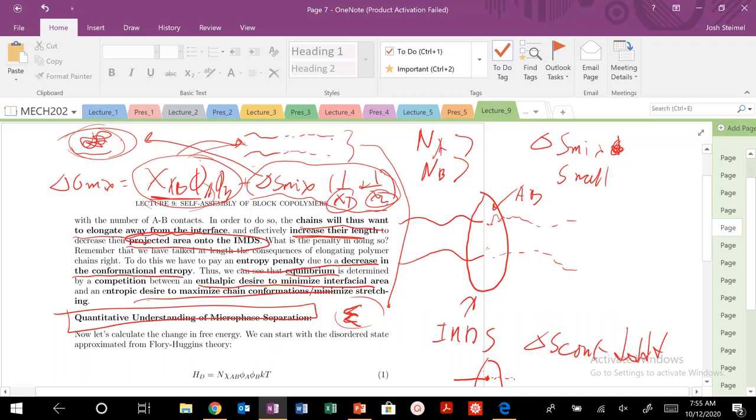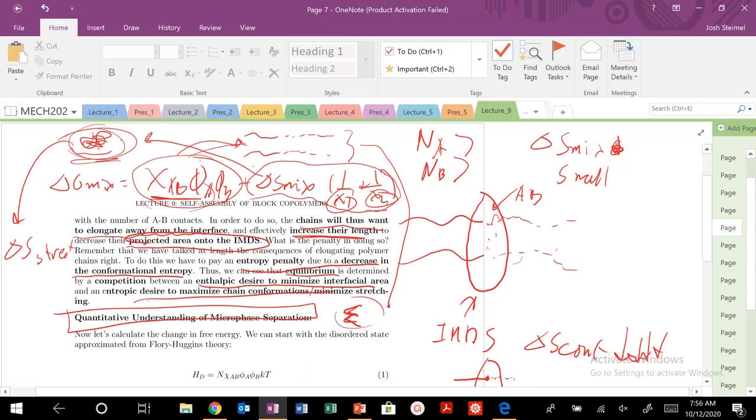But what else can be driving us to go into the mixed state? Well, in addition to that delta S mix, it's going to be this delta S of stretching. The material does not want to be, your polymers do not want to be in this very elongated state. So that stretching term is very, very unfavorable. So it will not want to be in the ordered state. It will want to be pushed into the disordered state.